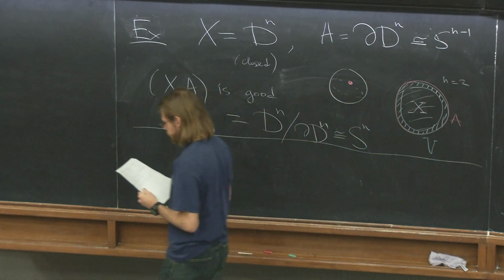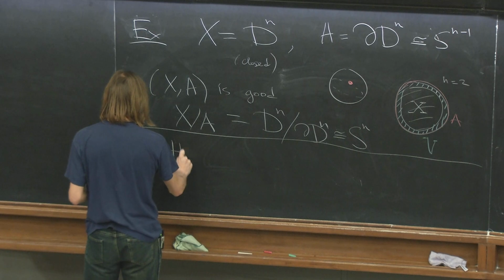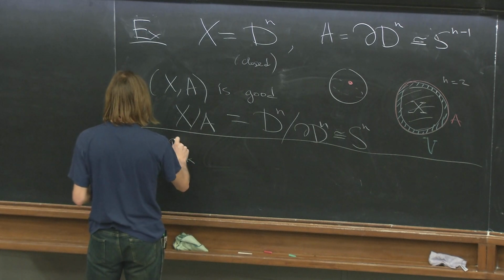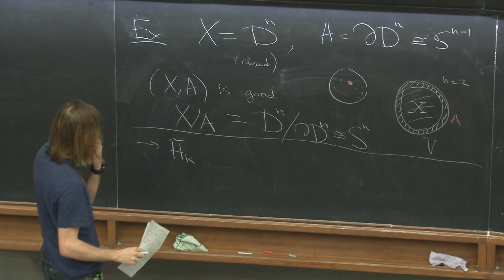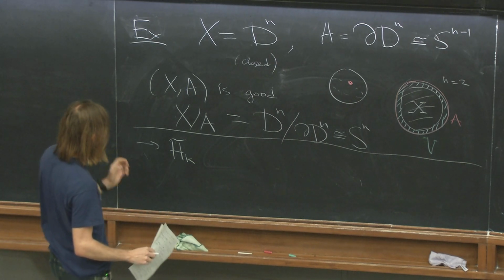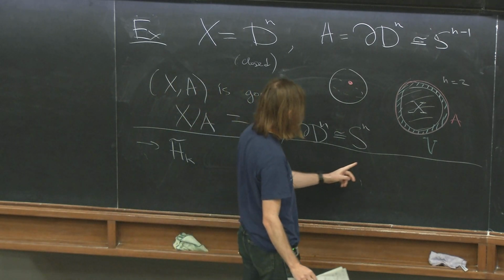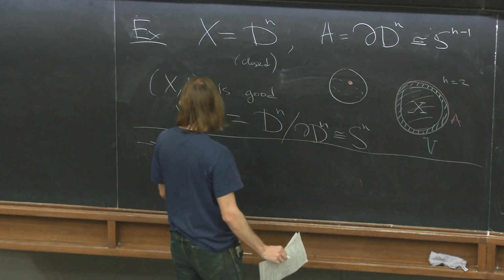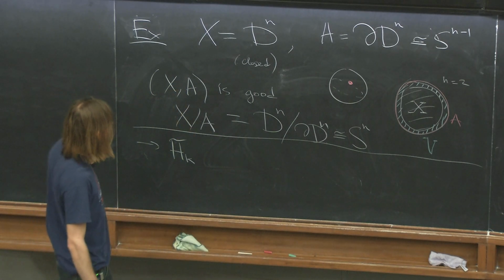So what is the long exact sequence which we have? It looks like this. The triple goes: A, then the homology group of X, then the homology group of the quotient, and then we return to homology groups with index reduced by 1.